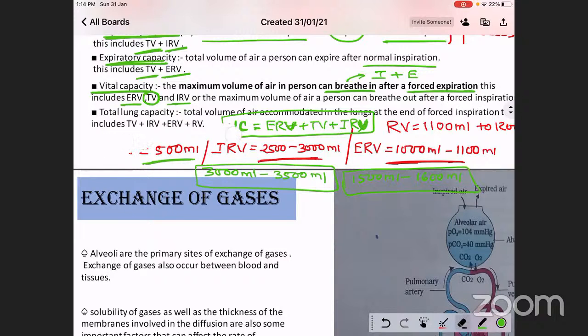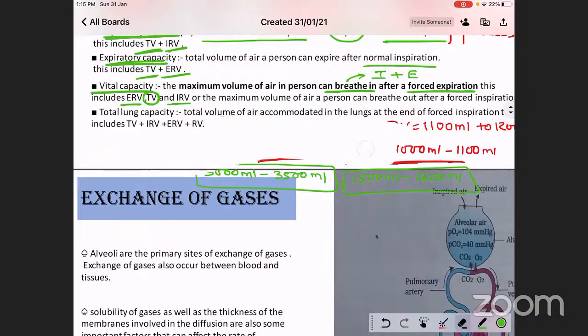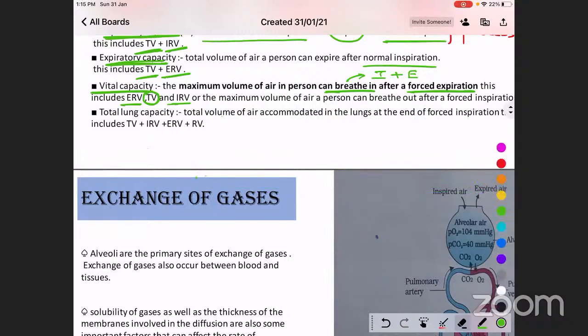So let's remove it. We will make some space for us. Now ultimately we will talk about the total lung capacity, meaning how much volume of air we can keep inside our lungs.